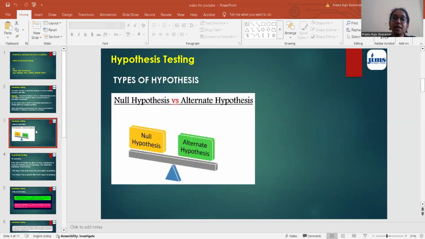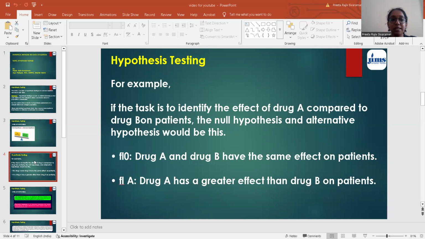Moving ahead, let us understand the different types of hypothesis before we go for testing of the hypothesis. There are two types of hypothesis. One is the null hypothesis, the other is the alternate hypothesis, as we can see in this picture. Let us take an example. If the task is to identify the effect of a drug A compared to drug B on some patients, the null hypothesis and the alternate hypothesis would be this.